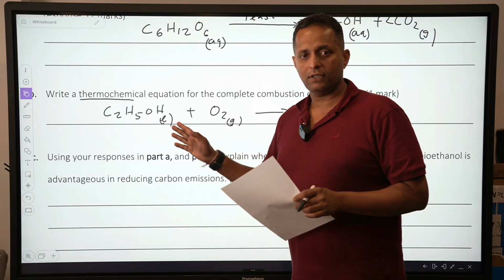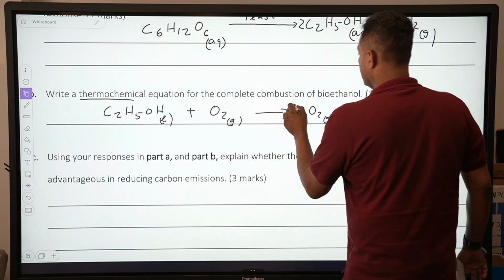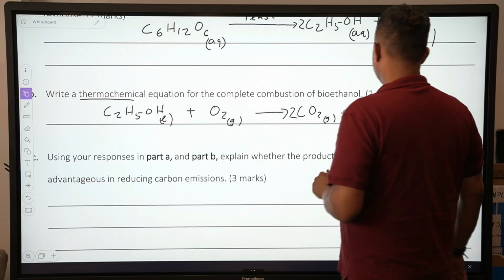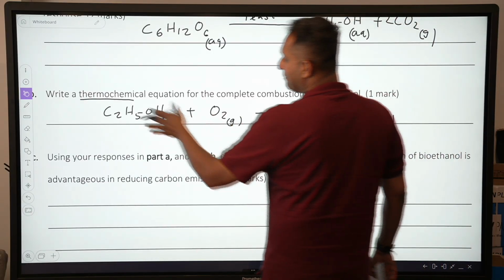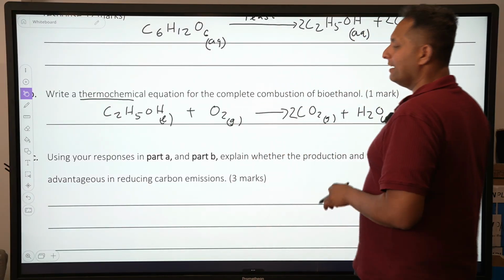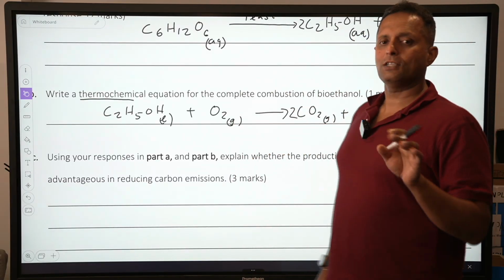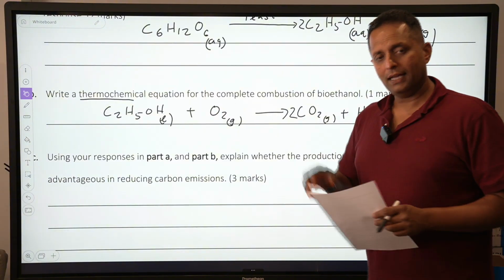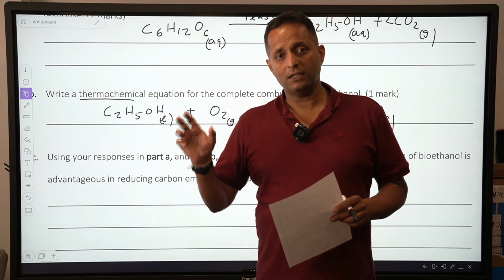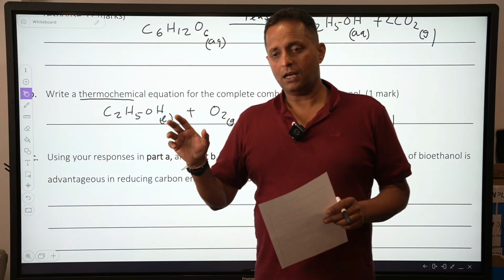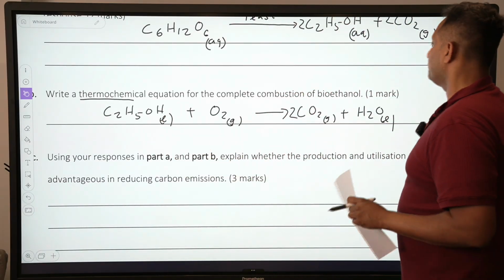Is this equation balanced? No, it's not, so make sure you balance it. I'm trying to balance it for 1 mole of ethanol because I'm going to get the delta H value from the data booklet, where delta H is given in kilojoules per mole.